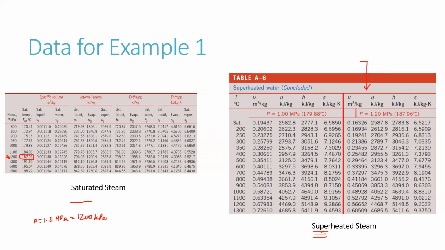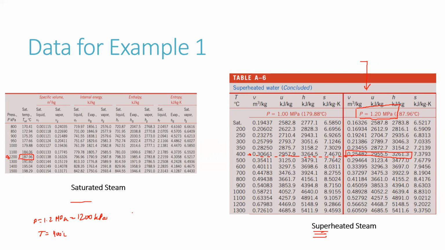In the superheated steam tables, we'll look for pressure equal to 1.2 megapascal and temperature 673 Kelvin, which is 400 degrees Celsius. So in the table of 400 degrees Celsius, we are going to look at this. Over here, you can see that we have got this data.